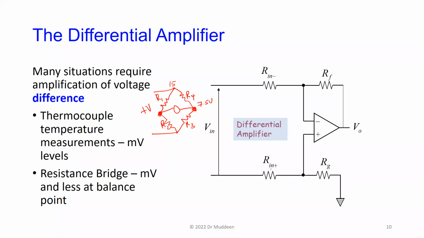The other goes to the positive input, and we call it Rn positive. Then there's a feedback resistor between the output and the inverting terminal, and a ground resistor between the non-inverting terminal and ground. And where we ended last time was trying to evaluate what V out was.